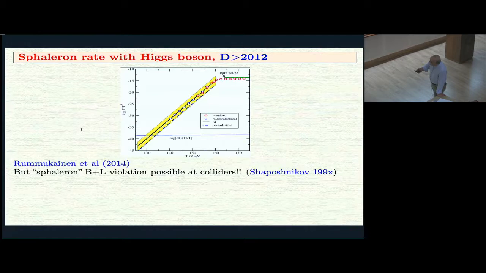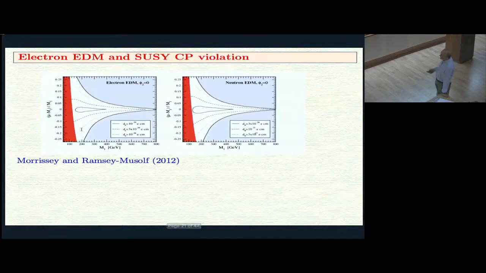It is log gamma over T versus gamma. But the possibility that B plus L violation may be seen at colliders exists, but it looks unlikely that the Sphaleron is useful for producing baryon asymmetry, but it will definitely erase B plus L produced above the electroweak scale, and you have to take account of the Sphaleron washout rate when you do any baryogenesis calculations.